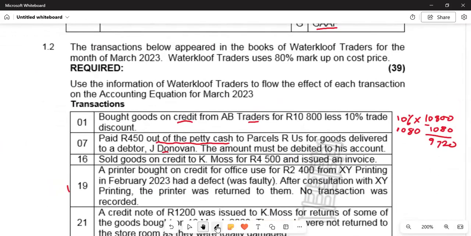As we were told, Waterkloof Traders uses an 80% markup on cost price. That is very important information to take note of.